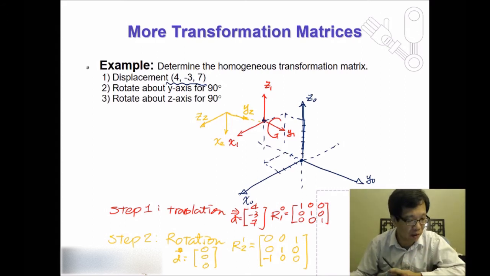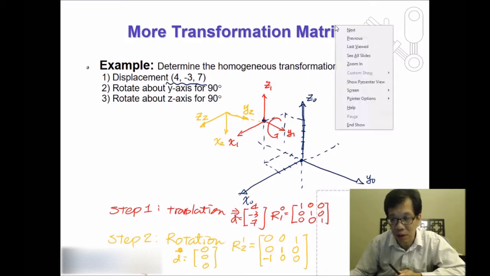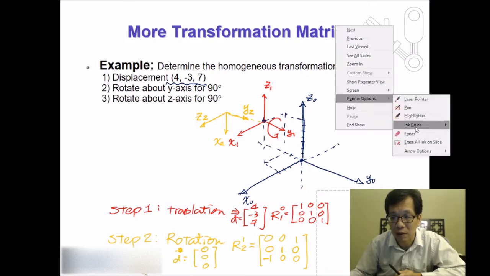The third step is that we're going to rotate the coordinate for another 90 degree, but this time it's going to be about z direction. So let's change the color again.